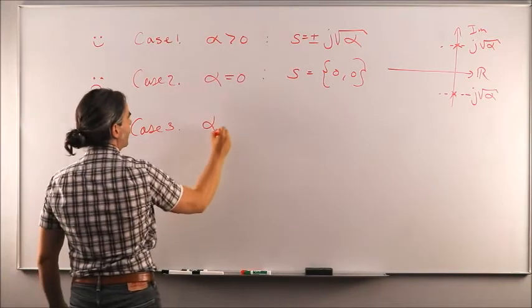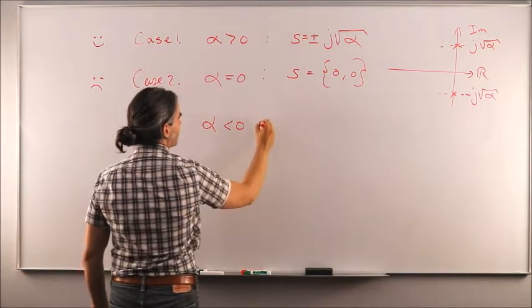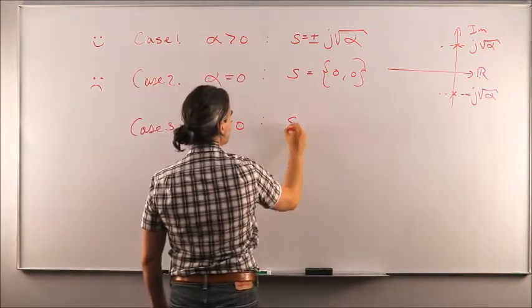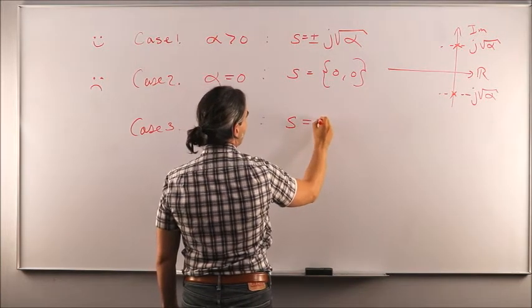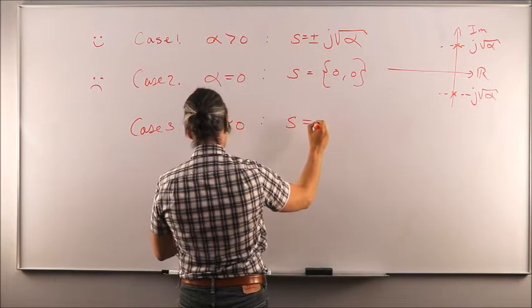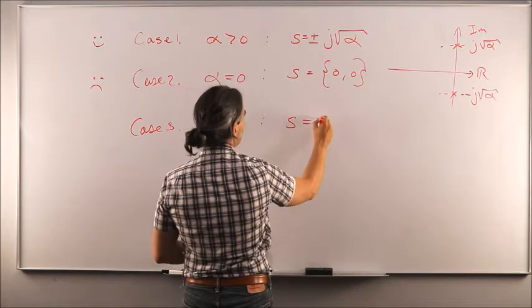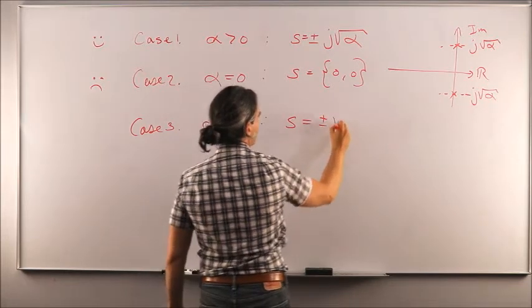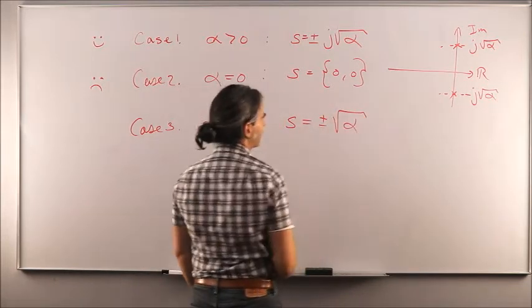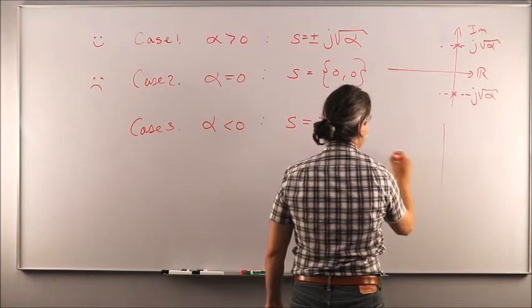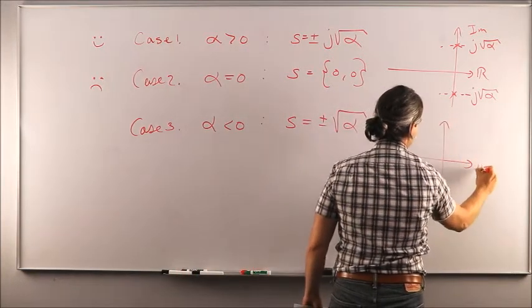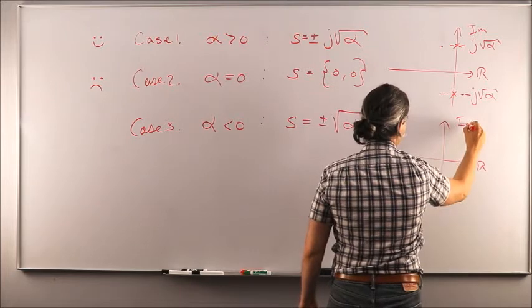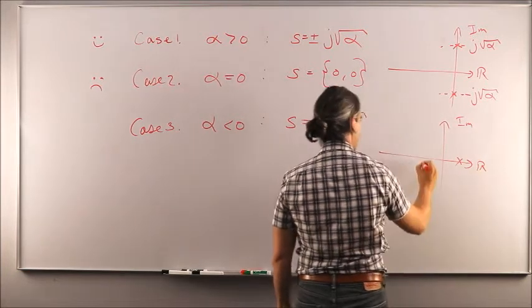If you have alpha less than 0, you end up with poles that are located at plus minus square root of alpha, meaning that you have a positive pole here and a negative pole here.